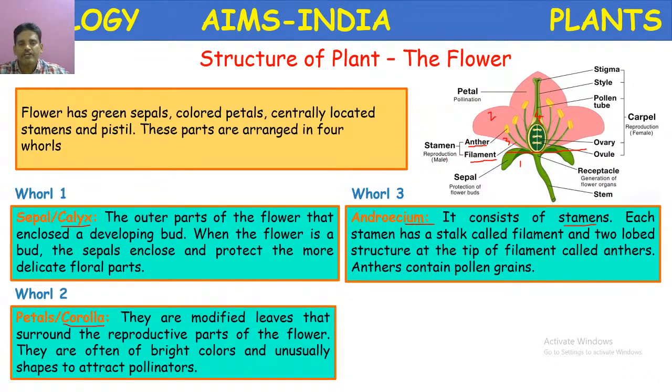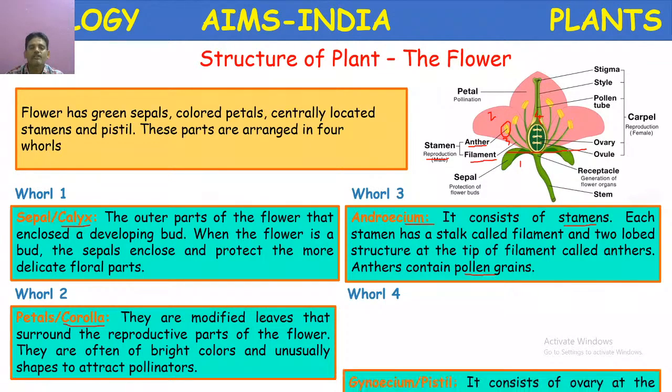This is the male reproductive part, and the anther produces the male gametes at the time of reproduction. The male gametes which are produced are called pollen grains, or simply pollen.